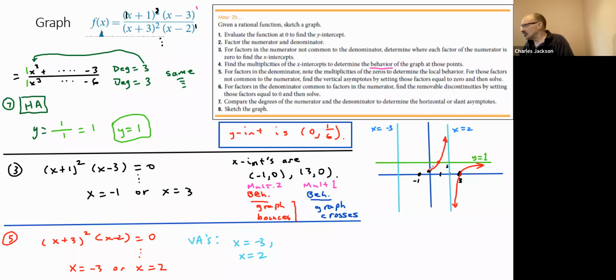So actually, we do know that it's going to go like this, and it's going to come back up. Therefore, the graph will have to approach this vertical asymptote in this way. Now that's an ugly looking curve. So let me redraw that.